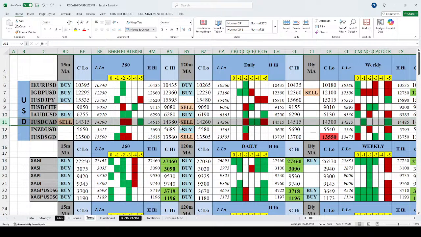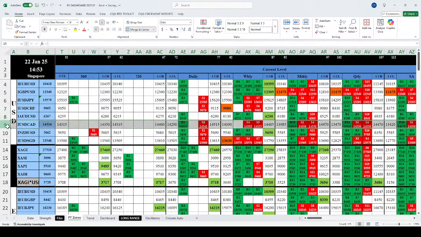So we should be looking to sell somewhere near 43.80 and hold, sell or cautious sell. That should be our selling level. Looking for confirmation on the PT zones, we are seeing a strong sell on the daily, and weekly also strong sell. So we go for a sell and hold or cautious sell.